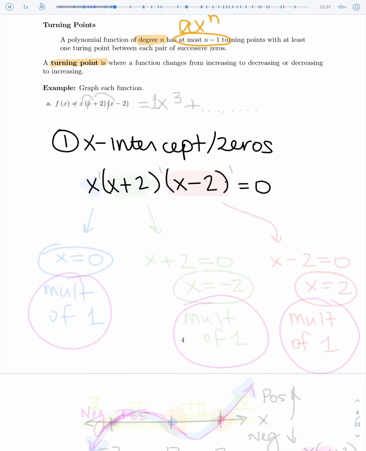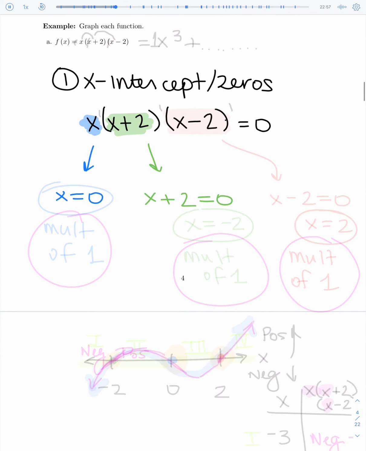And what we'll notice is that it's equal to 0 when each of the pieces are equal to 0, which means when x equals 0, this first piece, and when the second piece equals 0, the x plus 2 equals 0, which, subtracting 2 from both sides, will give us x equals -2.